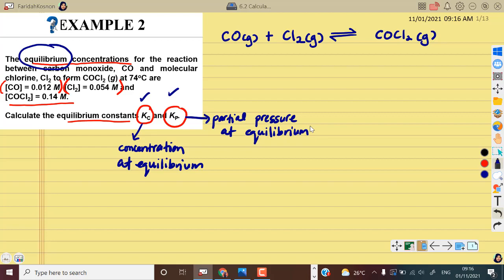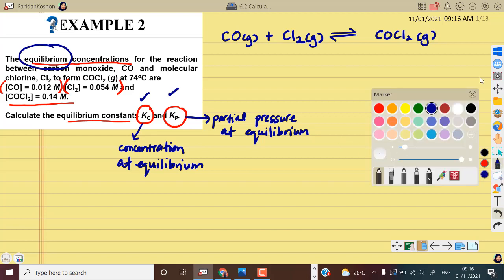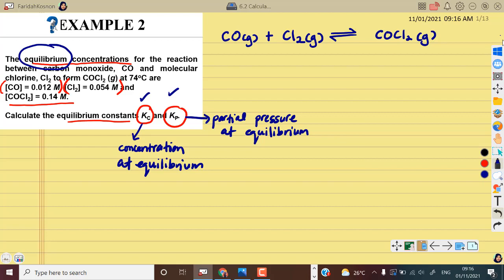Okay, if you refer to the question or info given, okay, kalau awak lihat soalan yang diberikan pada awak, apa maklumat penting yang kita ada? Kita ada temperature. Jadi, selagi temperature tidak berubah, nilai Kc dan Kp yang awak kira ni tak akan berubah. Okay, it shows that the reaction occurred at 74 degrees Celsius.